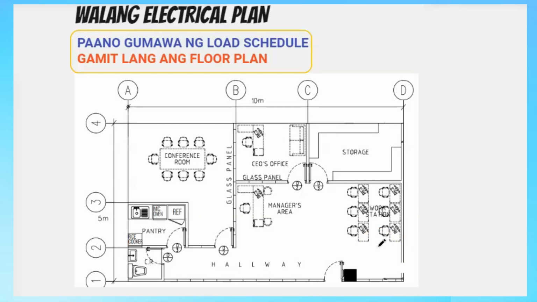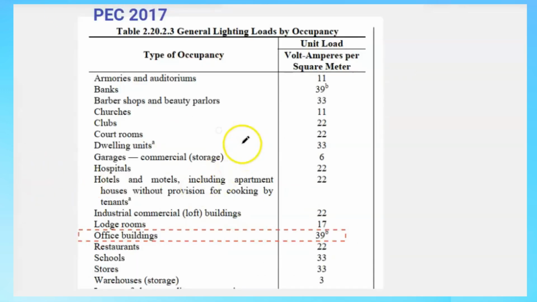So, if we look at the PEC, let's see. From the table, PEC 2017, table 2.20.2.3, that is for general lighting loads by occupancy.